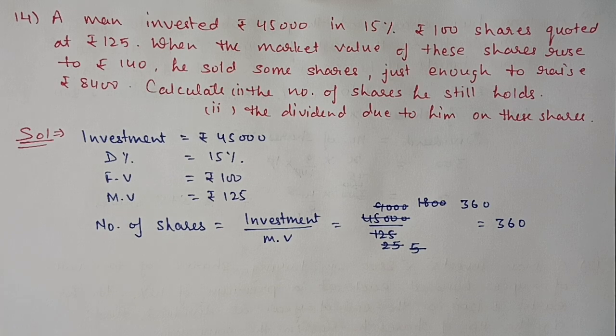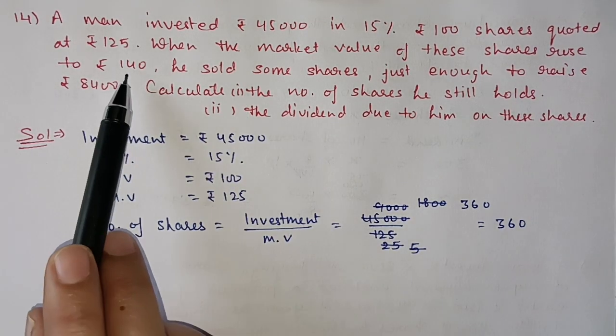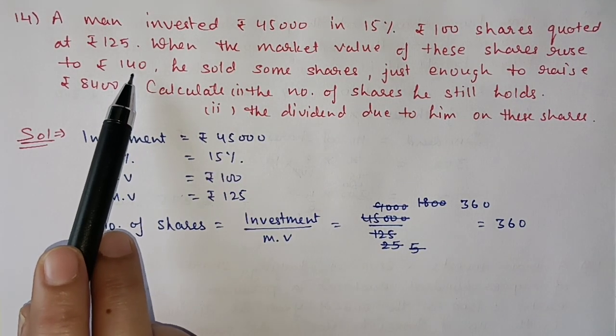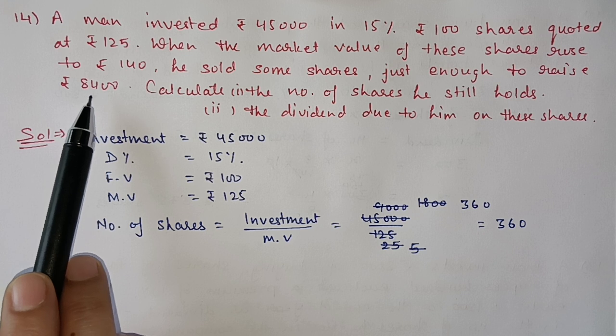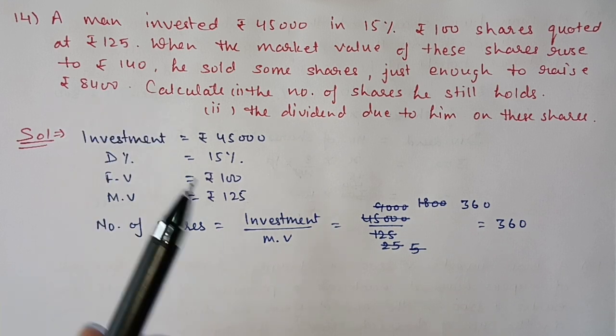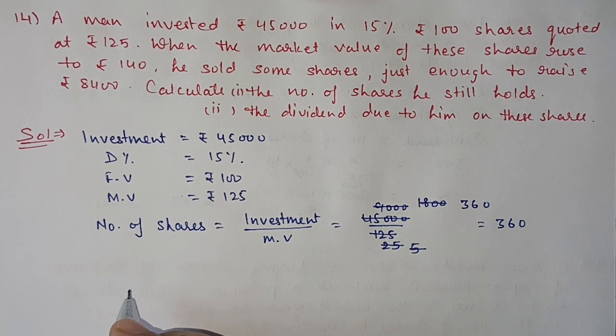Now from these shares, some shares he sold out when the market value is 140 rupees and he got 8,400 rupees for these shares. So we have to calculate here number of shares. Total money he received is 8,400 rupees.